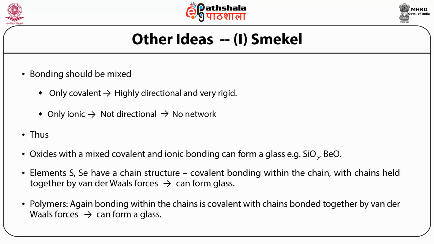The bonding within the chain is by covalent bonds, but the chains are held together by van der Waals bonds. The third class is polymers with large molecular chains. Here again, the bonding within the chain is by covalent bonds, but the chains are held together by van der Waals bonds.